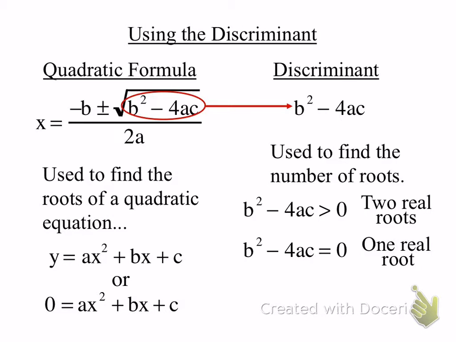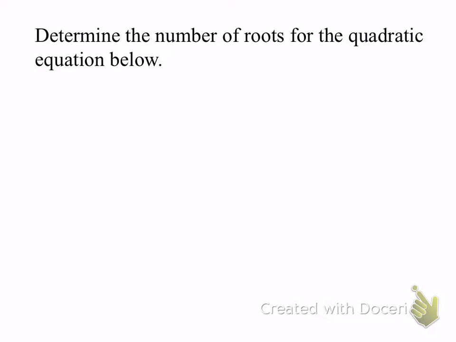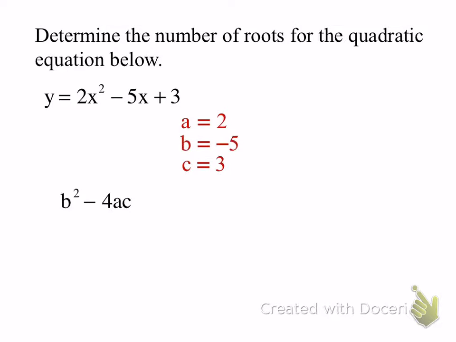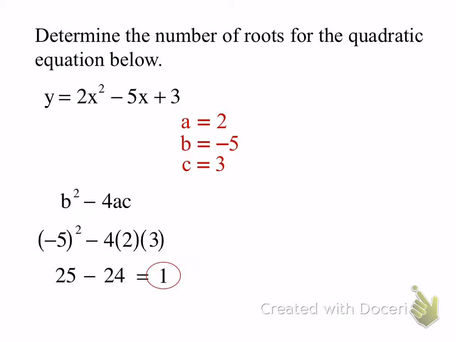When your discriminant is equal to a number greater than 0, 1, 5, 100, it means you have 2 roots. It crosses the x-axis. When it equals 0, you have 1 root. When it's less than 0 and negative, so in this case, the value is 1. So how many roots? 2 roots.